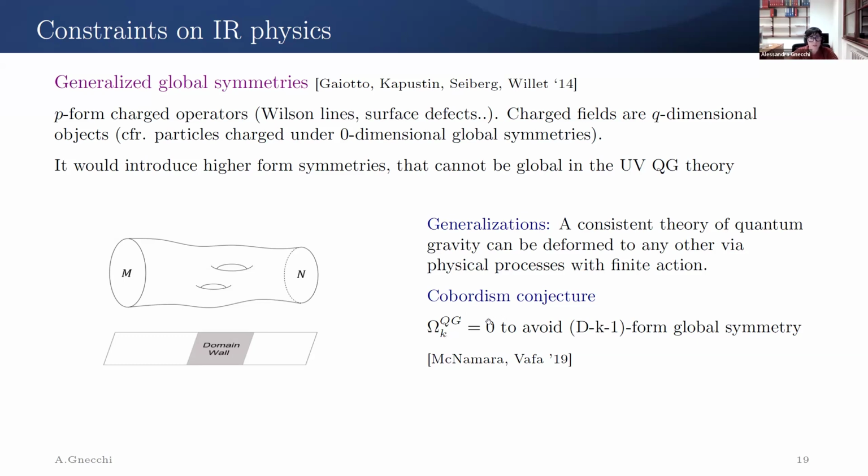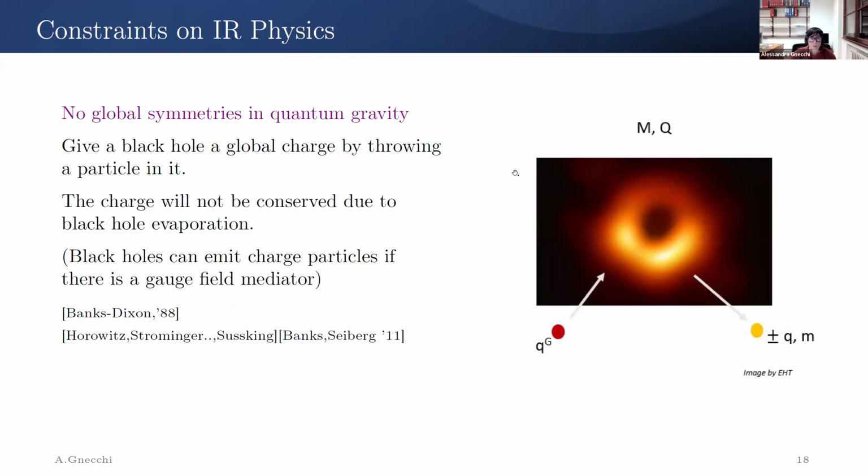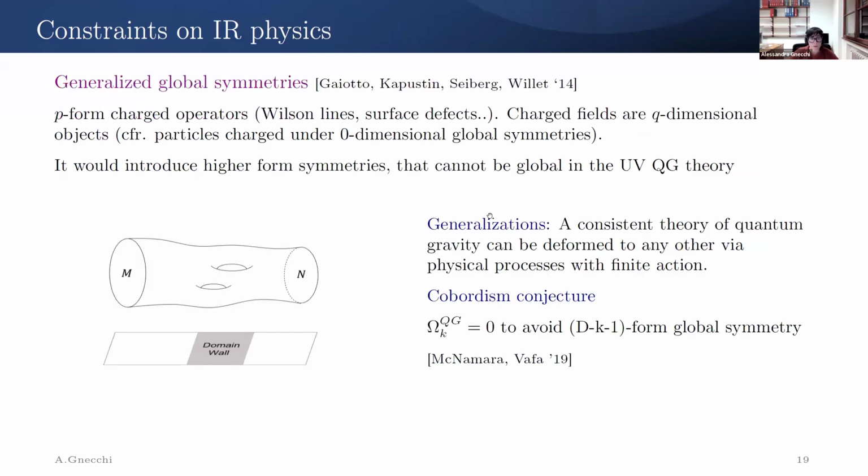So the ramifications of these simple properties, like the absence of global symmetry in quantum gravity, go deeper into the properties of string theory effective theories.